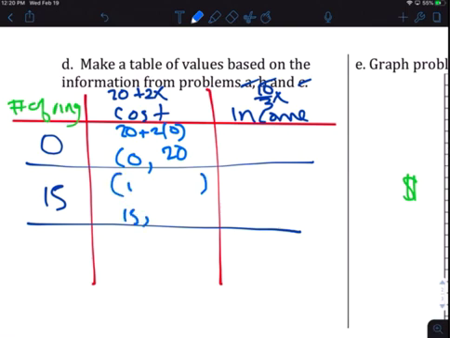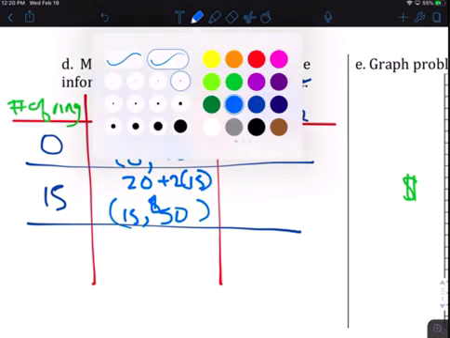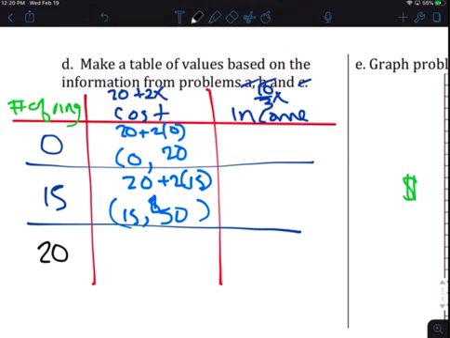At 15, 20 plus 2 times 15, which is 30, so $50. And last one, bigger than that, I will use 20.